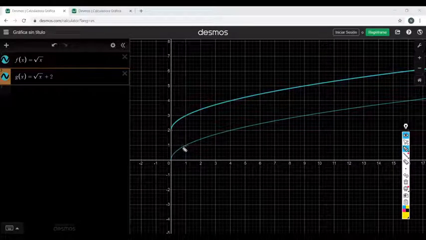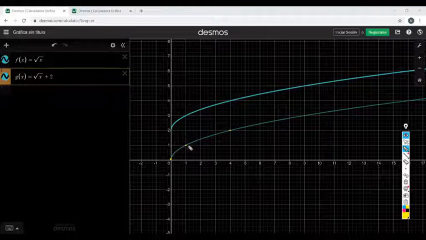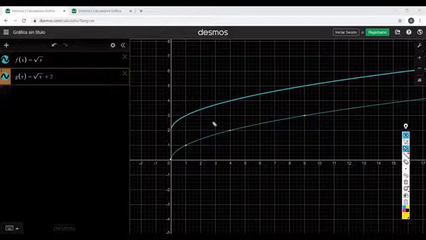Basically, each of these points that make up my function, I'm just locating some of them, each of these points is being translated 2 units upwards. You see, this one goes here, this one goes here, this one here, and so on.